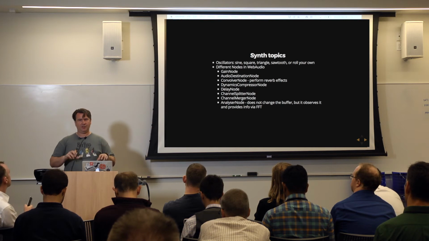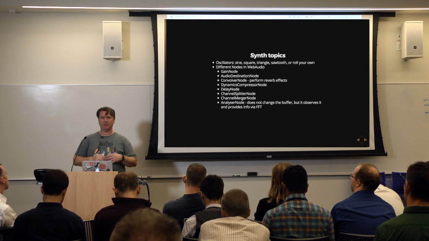One thing to be aware of with a lot of these nodes, especially the analyzer, I've noticed that if you don't own the asset, if you're downloading an audio file from some website, you can't actually look at the data. You can play it, you can apply effects to it, but the analyzer is somehow a security restriction.